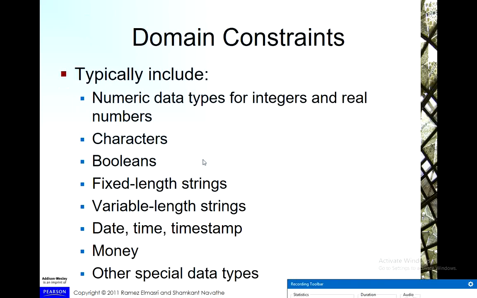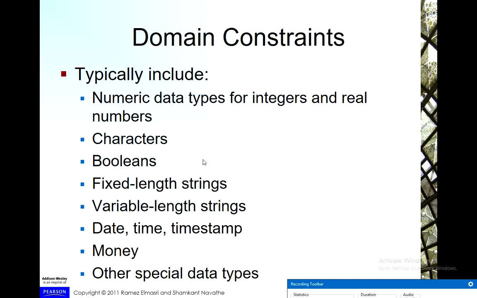Some domain constraints can be the data type, which could be numeric for integers and real numbers, or characters, or booleans, which is true or false, or fixed-length strings. That means an address, for example, can be a maximum of 35 characters. So this is also a constraint. Or variable-length constraints, which could also be specifically written to have limitations.